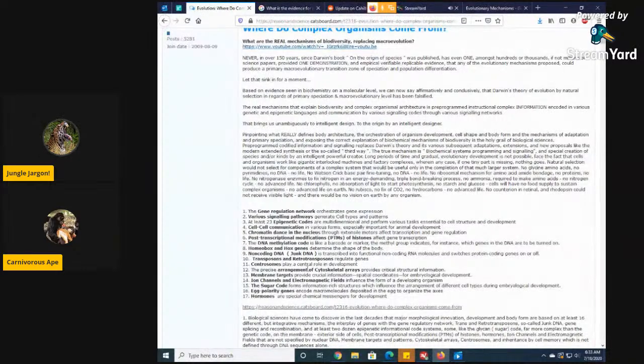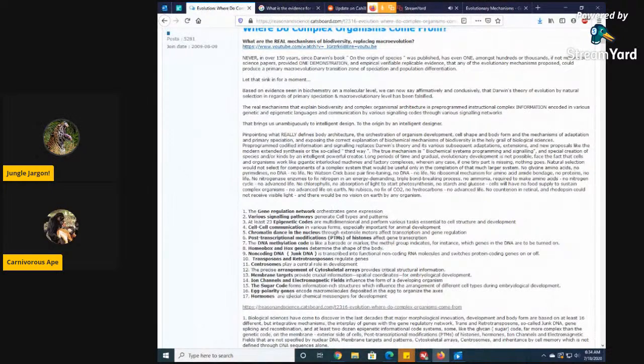Centrosomes play a central role, which we could have told you to begin with, in development, and the precise arrangement of cytoskeletal arrays provides critical structural information. Membrane targets provide crucial information, spatial coordinates, for embryological development. Ion channels and electromagnetic fields influence the form of a developing organism.